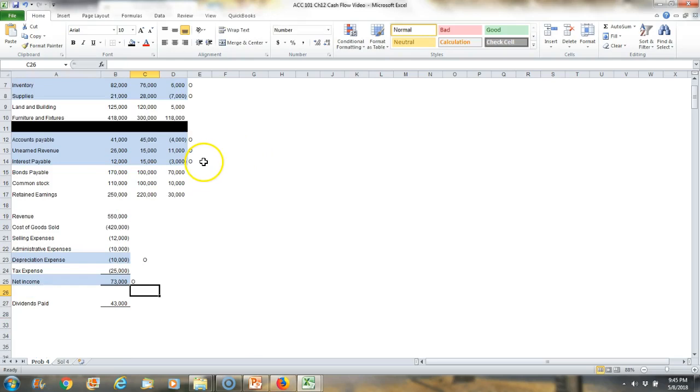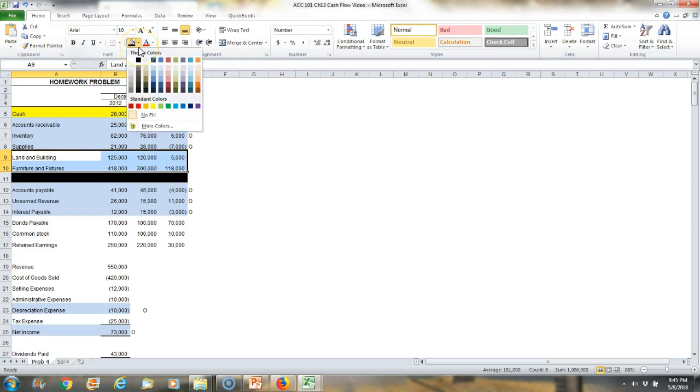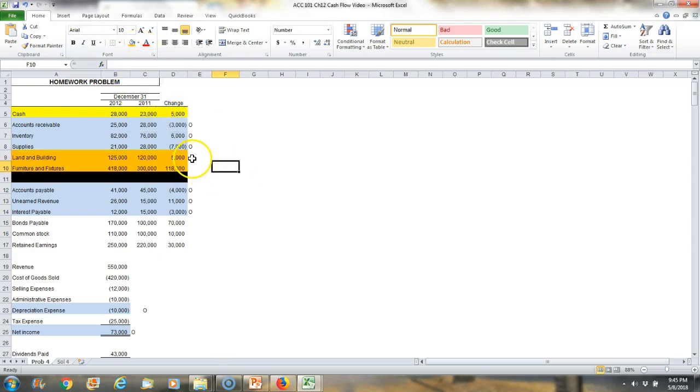I like to mark things up so I don't even have to think about it when I'm preparing it. The other section I have here next is land and building and furniture and fixtures. I know the sale or the purchase of property, plant, and equipment goes in the investing section. So I'm going to put an I there.